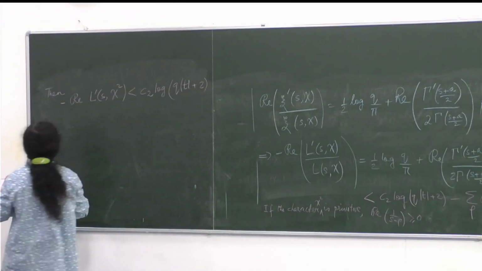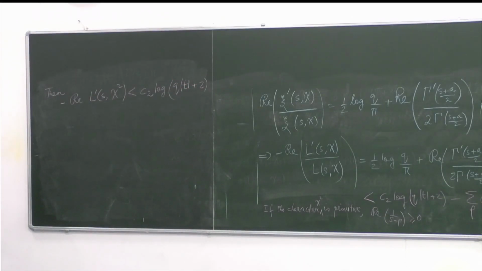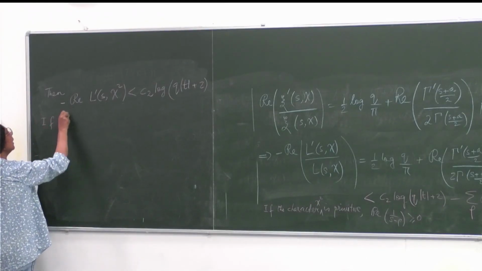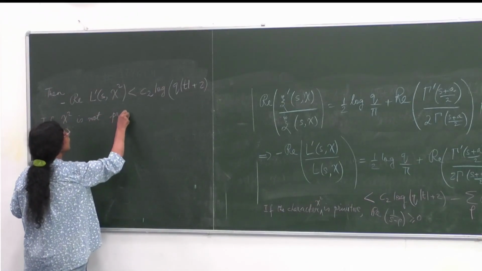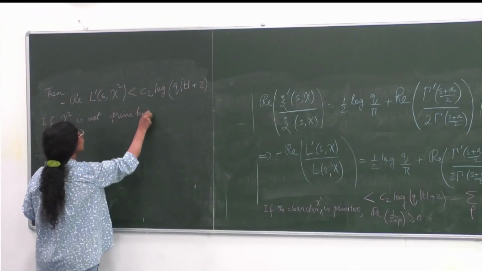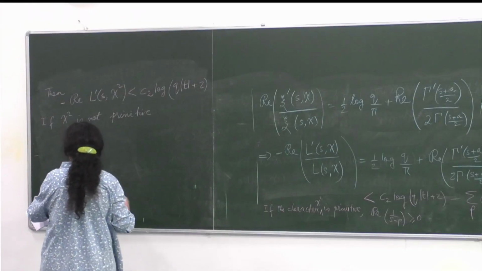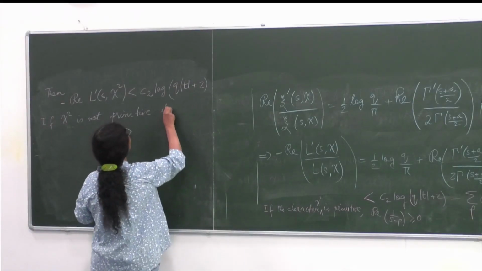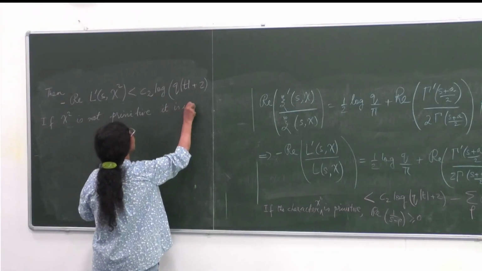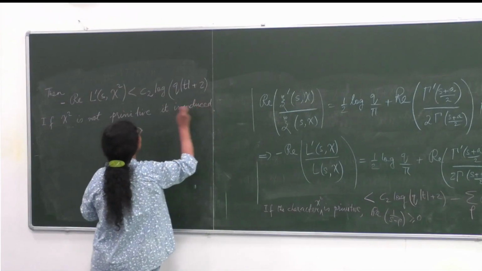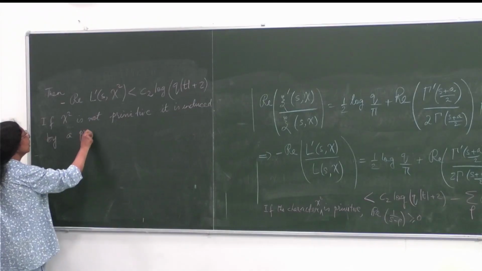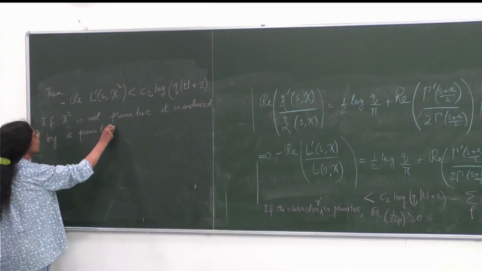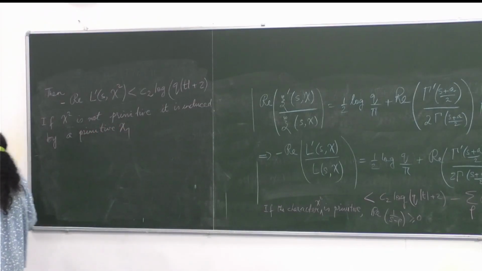Okay? The other possibility is if chi square is not primitive. If it is not primitive, then by definition there exists some primitive character that induces it, let us call it chi1.